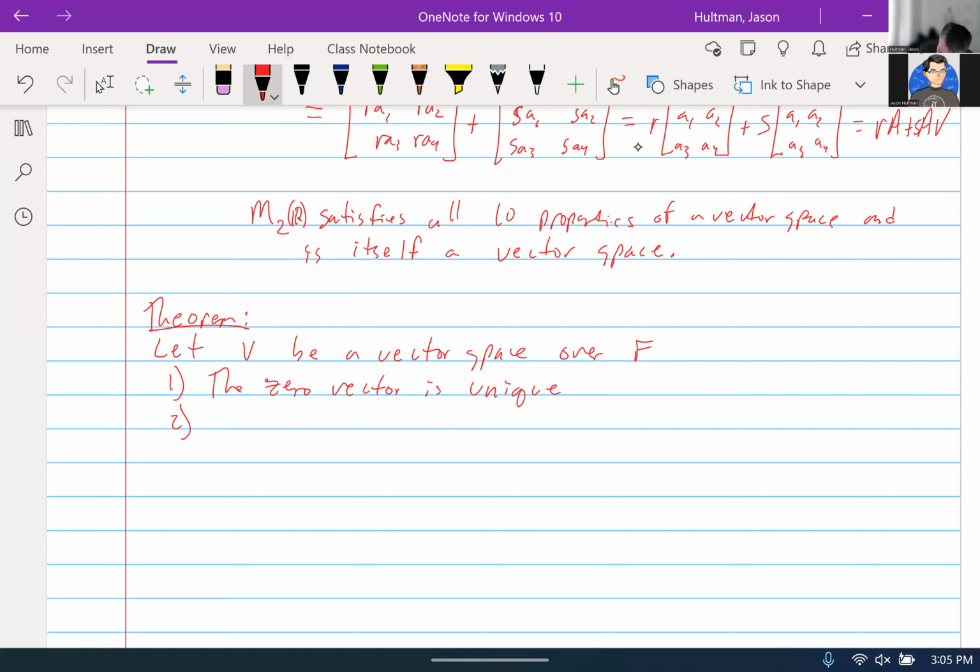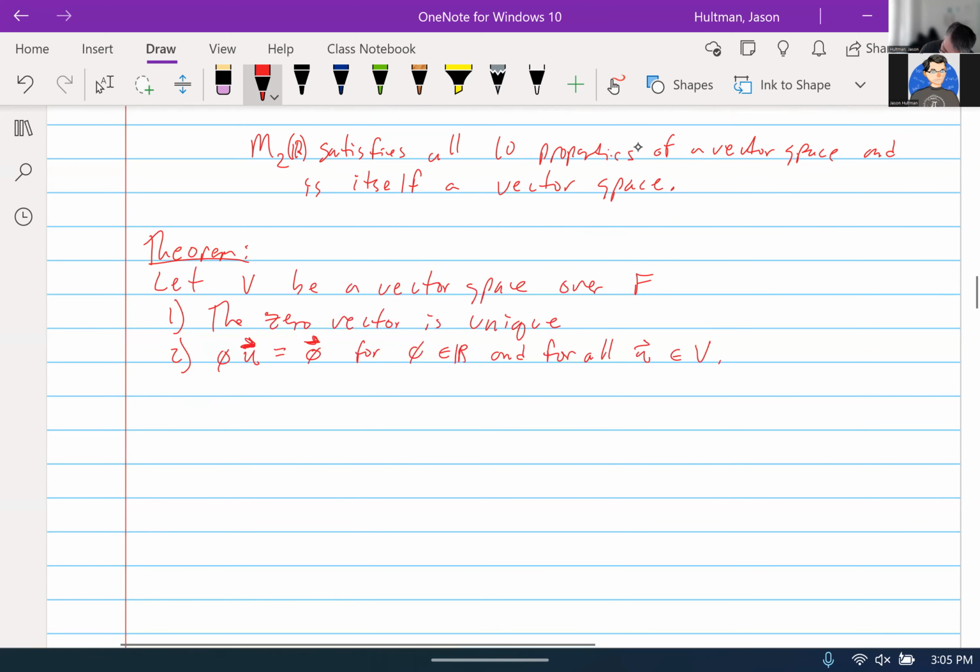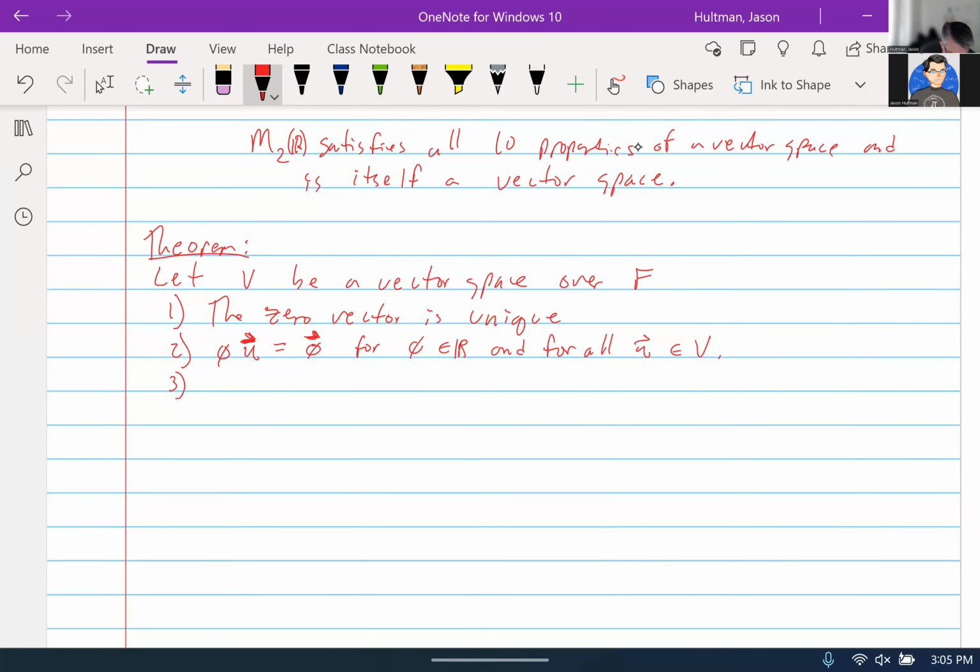Number 2, 0 times a vector is equal to the 0 vector, for 0 an element of the real number system and for all u which are elements of V. Okay, all vectors u.